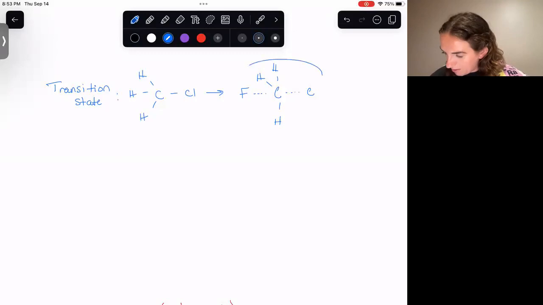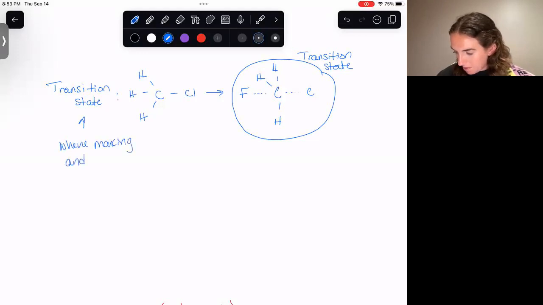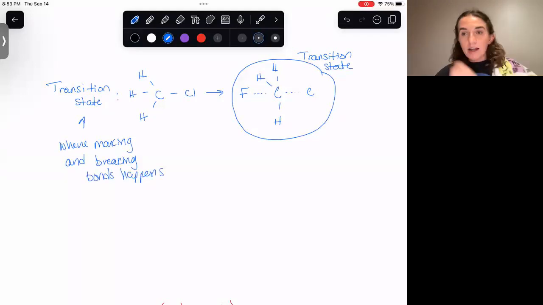So this here is the transition state. It's where we make and break bonds. It's not a stable state. You can never isolate the transition state. It has to go through this, but it can't exist as this.